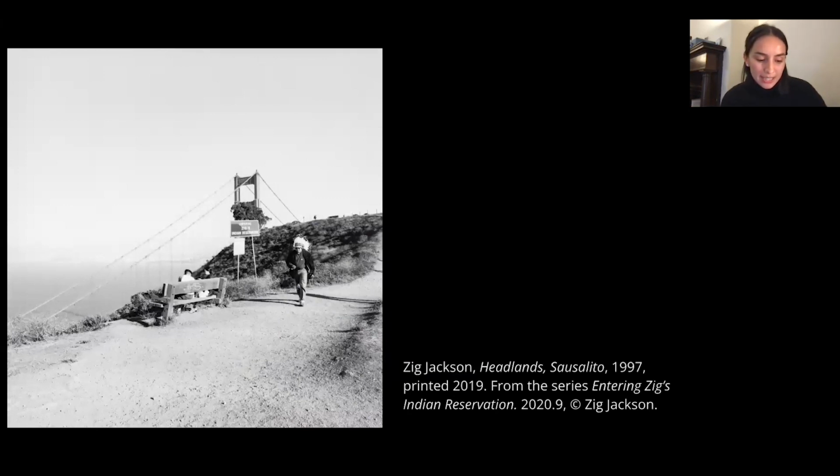He uses this project to state claims to pieces of land that definitively do not belong to him, recreating and therefore reclaiming the history of westward expansion and settlement, and lending agency to Native Americans in the recreation of that history. These photographs allow Zig Jackson to represent an imagined space in which Native Americans can exercise full autonomy and dictate the terms of their sovereignty.